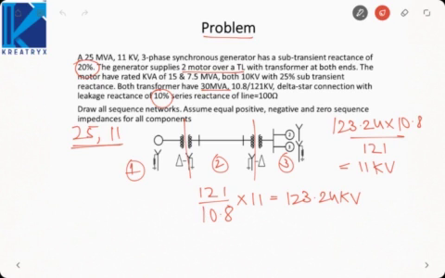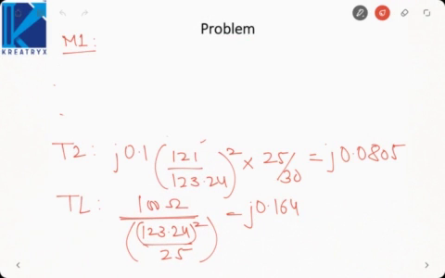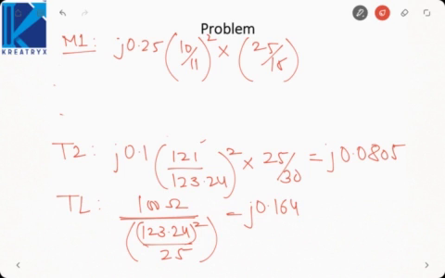For the case of motor 1, what is the rating given to me? 15 MVA, 10 kV, 25% reactance. So J0.25, 10 kV was given, we have assumed 11. Then 15 was given, we have assumed 25. So how much will this come out to be?